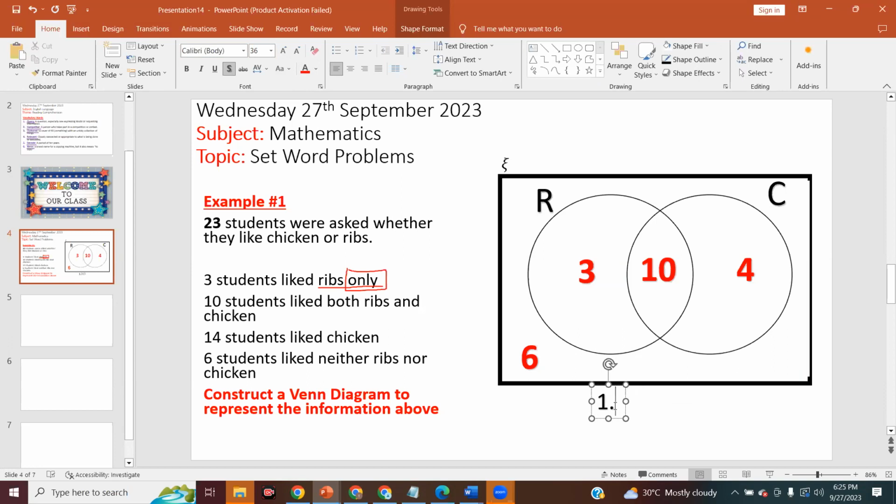How many students like ribs? What would your answer be for this one? All right, put your answer inside the chat for me, please. How many students like ribs?